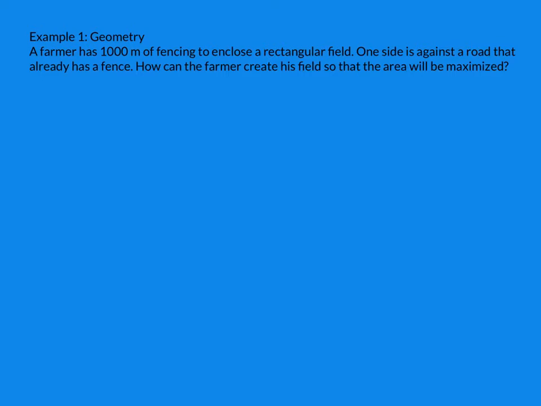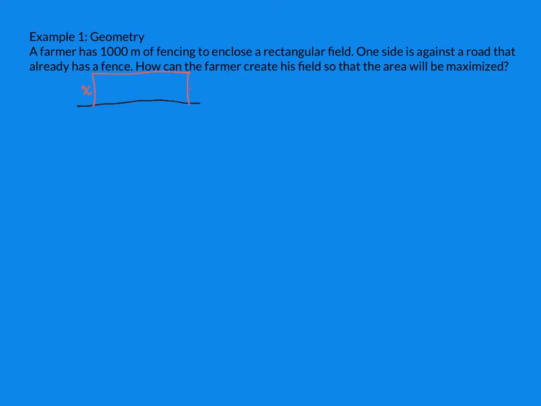It might help you to draw a picture for questions like this. So we've got a roadside that's already fenced, and we want to build a rectangle. We need to figure out what those dimensions are going to be.